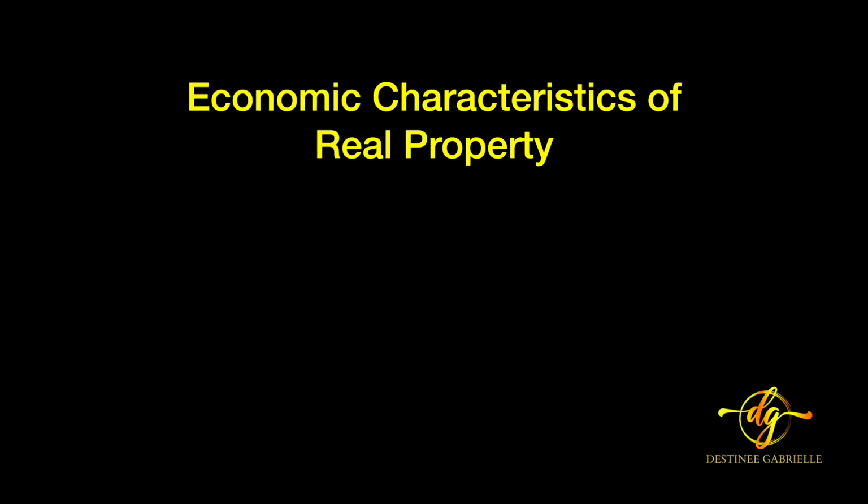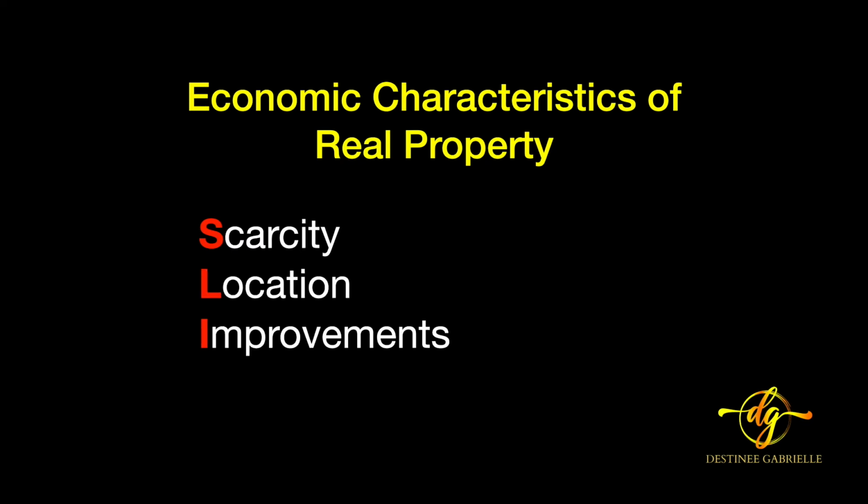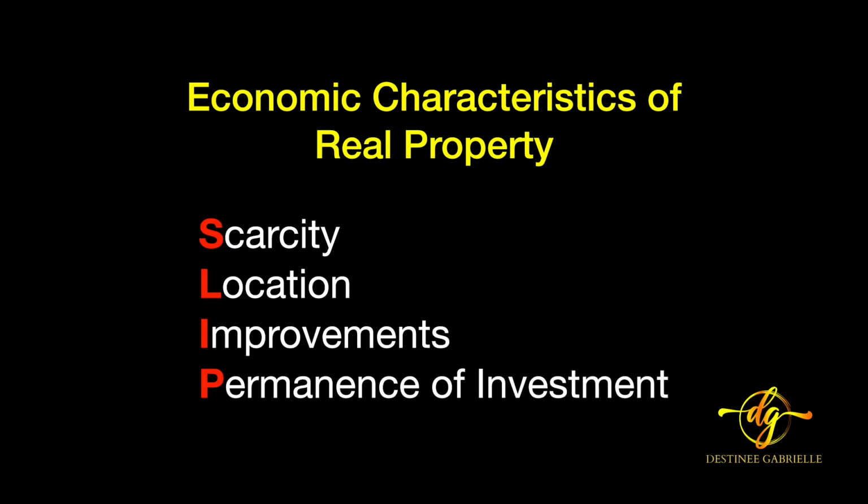So the next one is economic characteristics of property. The first letter being S for scarcity, L for location, I for improvements, P for permanence of investment.